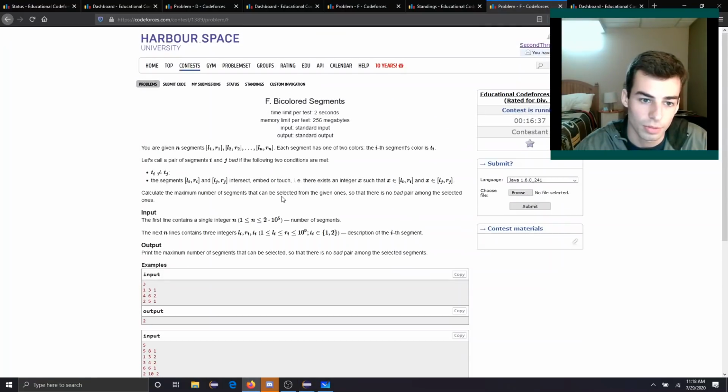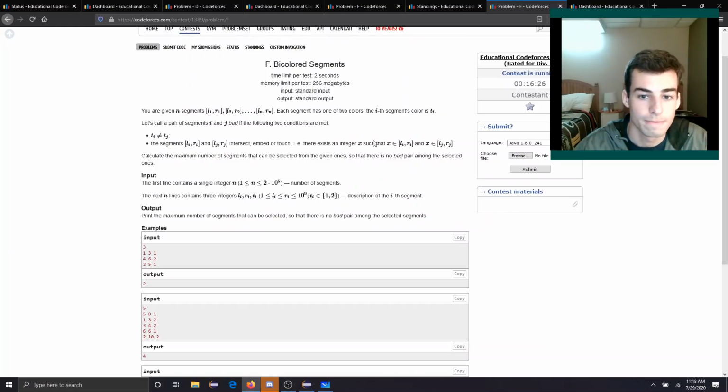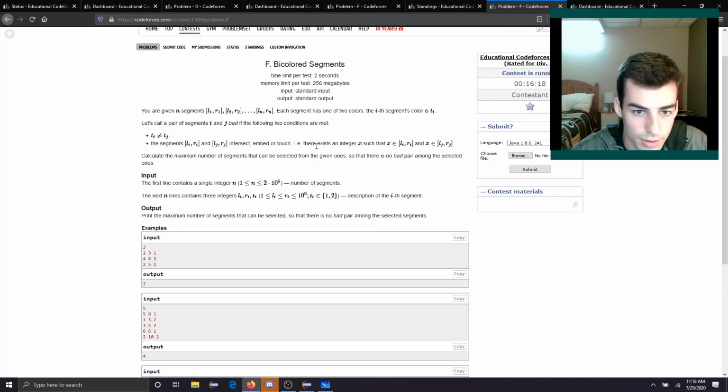We need to pick the number of points so that no two intersect. So all that's relevant is the coordinates. They're inclusive. We probably want to make them inclusive. Can they intersect at a point?